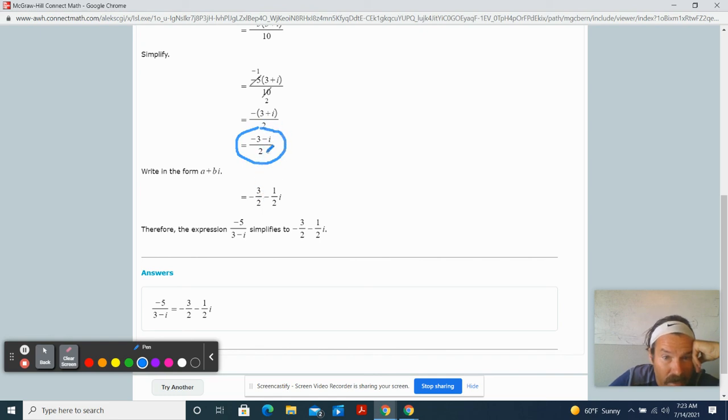They want you to, and this is kind of lame, they want you to write it this way. So they want you to write the 2 under the negative 3, and then they want you to break it up into a plus bi. I'm sorry about that, that's kind of lame. So let me just show you how you want to write your answer. So negative 3 minus i over 2 is the correct answer.